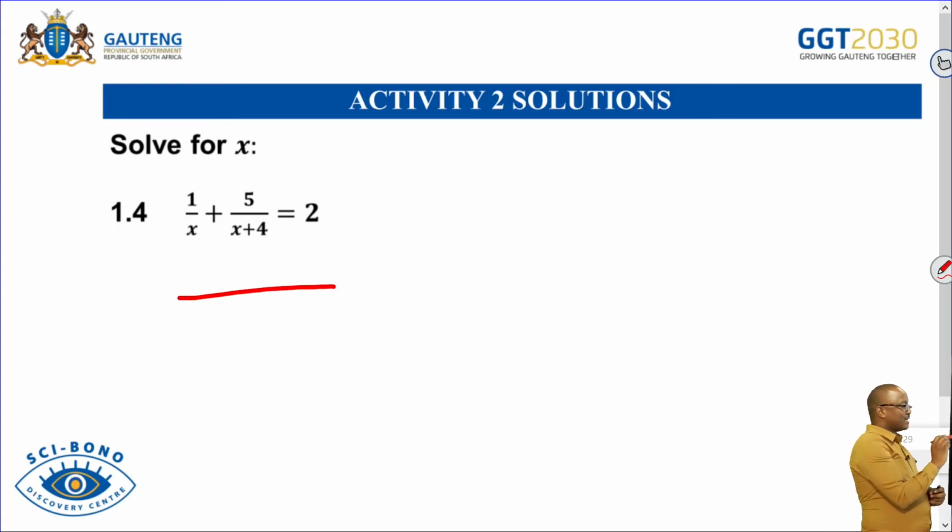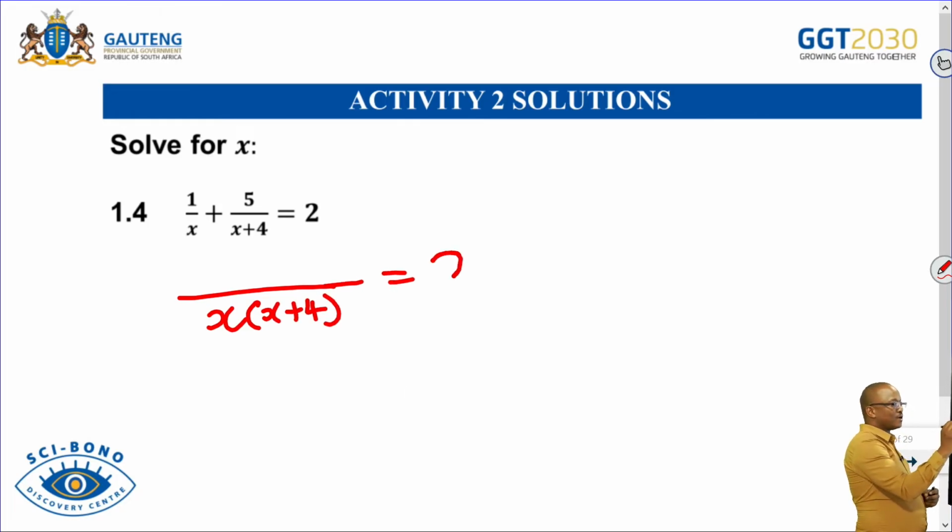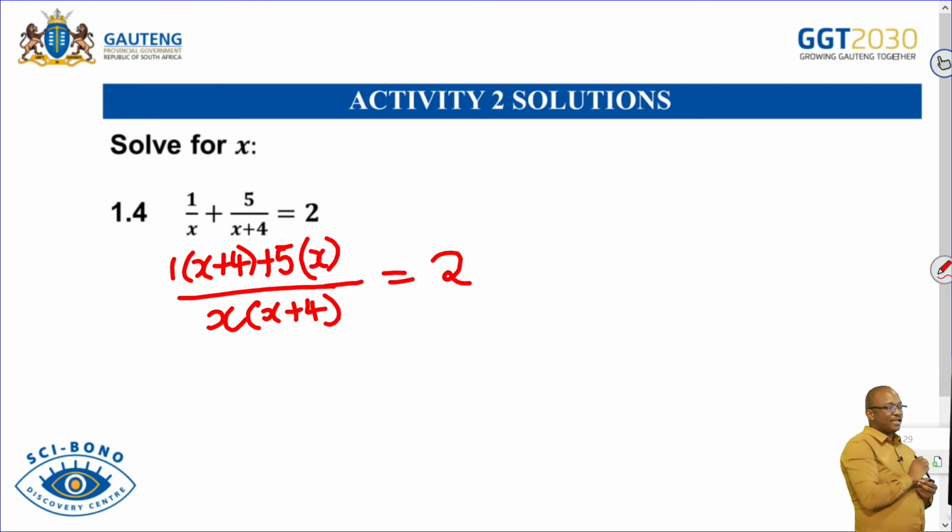So like I said, we're going to multiply our denominators, correct? Then we'll have 1, then x goes into x multiplied by 4x, we cross multiply. We're going to have 1 into x plus 4, and on the other side we're going to have plus 5, multiplied by x.